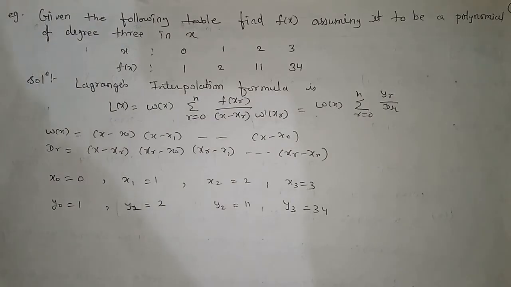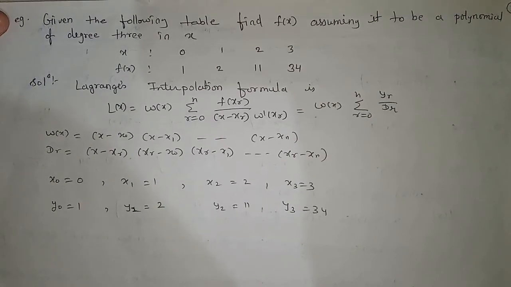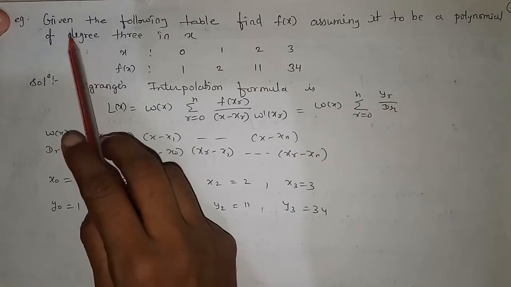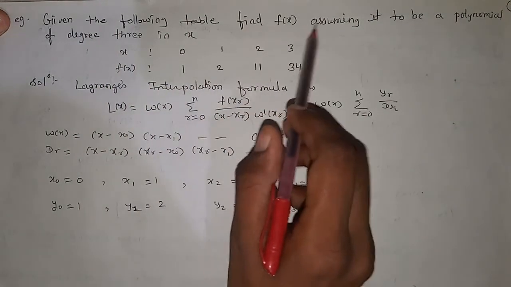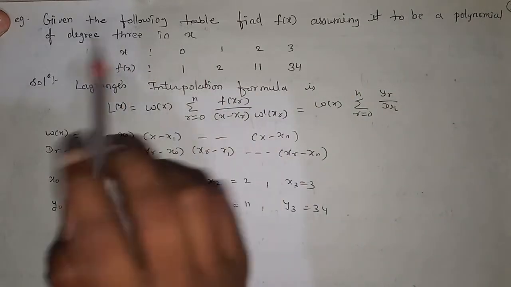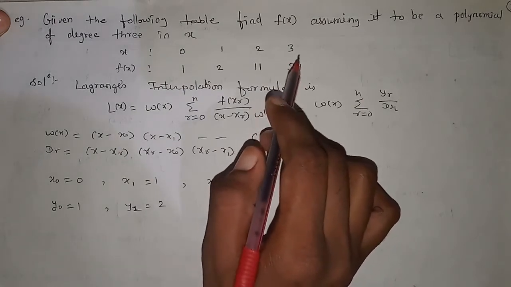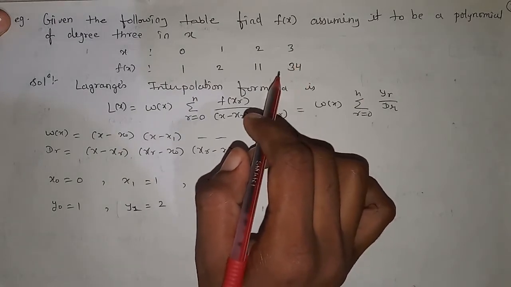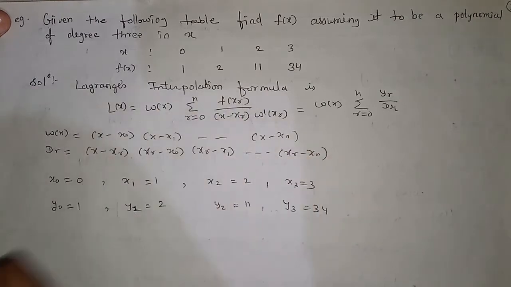This is the first question which we have to solve using Lagrange's interpolation. Here, first of all, given the following table, find f(x), assuming it to be a polynomial of degree 3 in x. Here, these are equally spaced arguments. In the case of equally spaced arguments, we can also use Lagrange's interpolation, because we can consider equal spacing as a subset of unequal distribution.